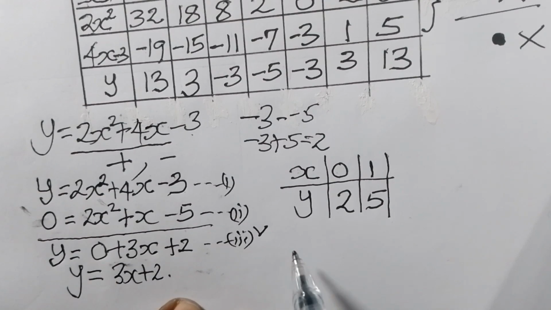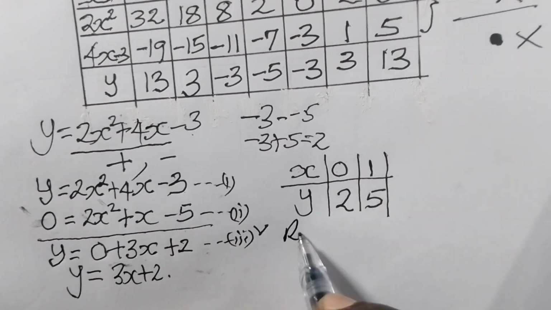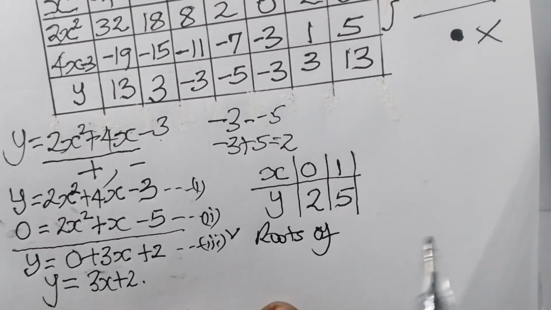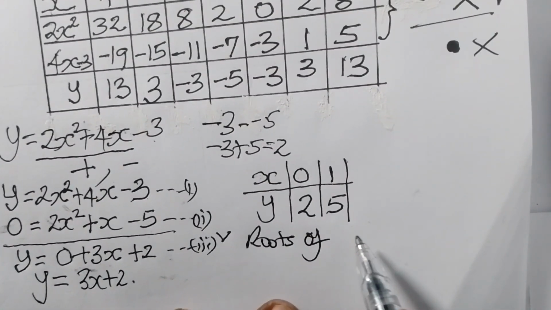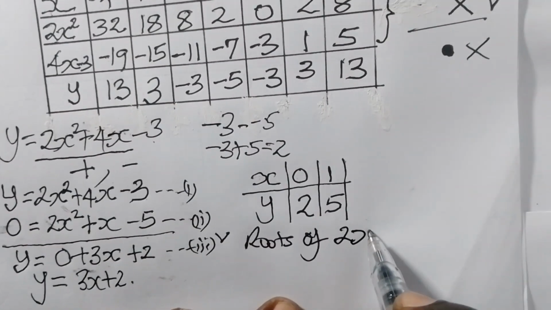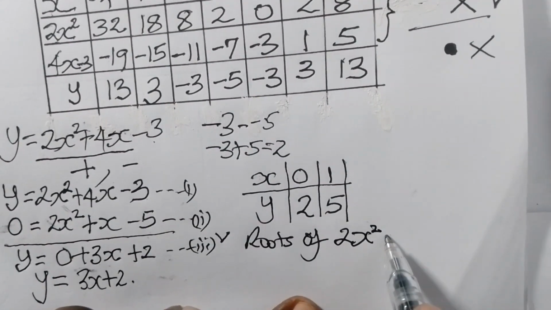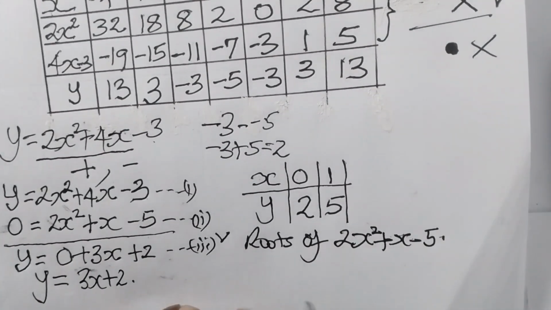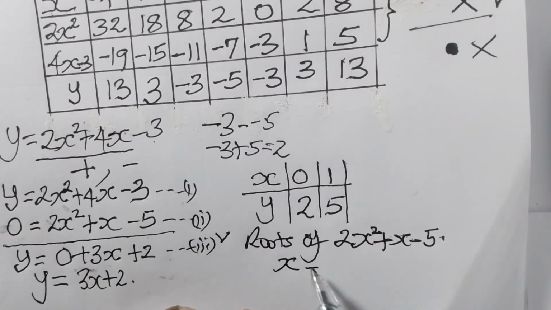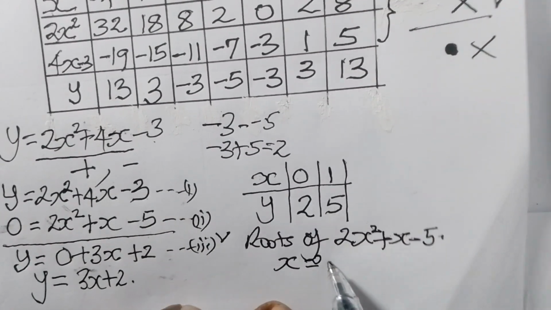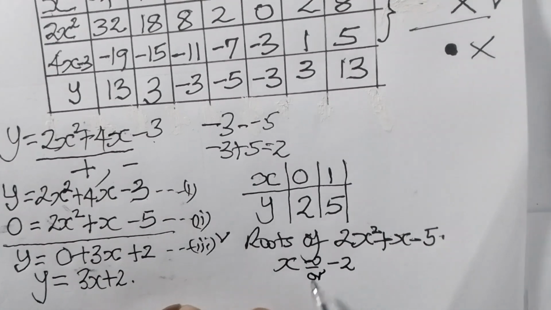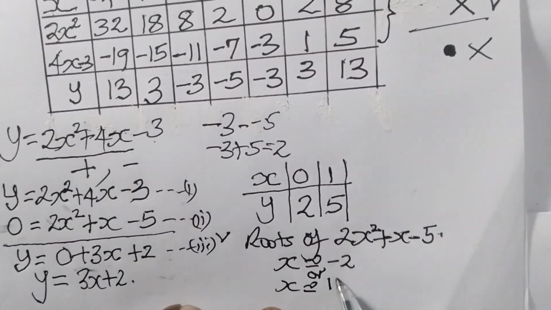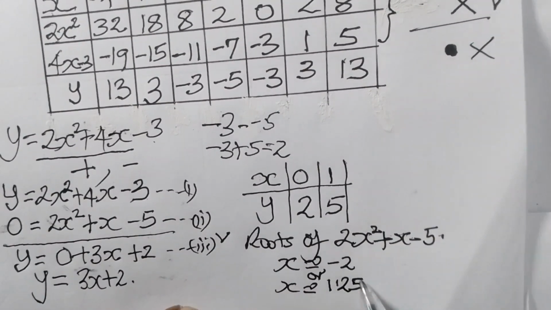We can say the roots of the equation 2x squared plus x minus 5: x is approximately equal to -2, or x is approximately equal to 1.25, like that.